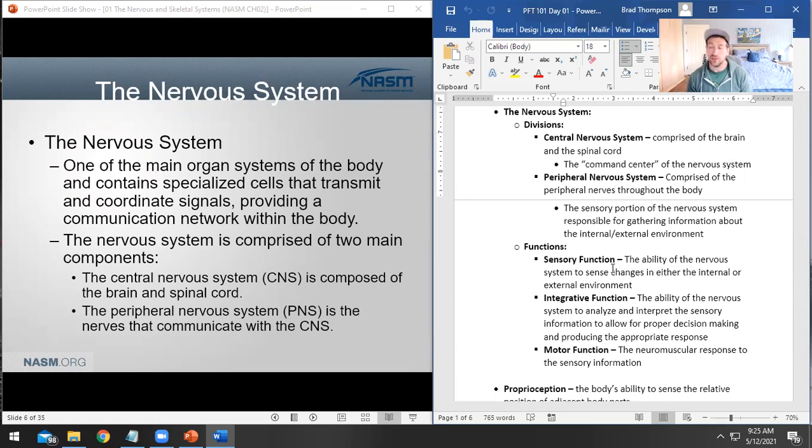So they're the boss who's in charge of everything, but they're obviously not able to do all the work themselves. So we have to have another division of our nervous system, which is our peripheral nervous system. Your peripheral nervous system is all of your peripheral nerves that are running throughout your body. The peripheral nerves are sort of like the factory workers that work under that CEO.